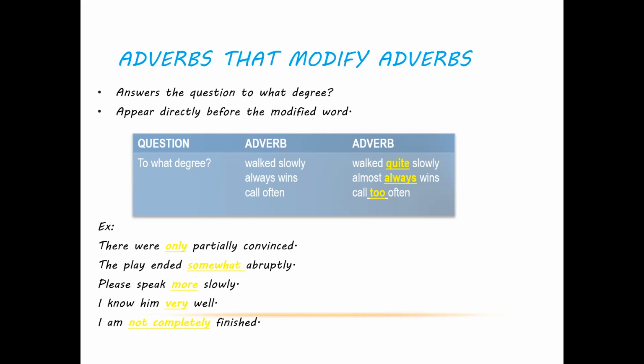It appears directly before the modified word. Take note of the location of your adverbs. To what degree? Walk slowly. Almost always wins. Call often. How did he walk? He walked quite slowly.